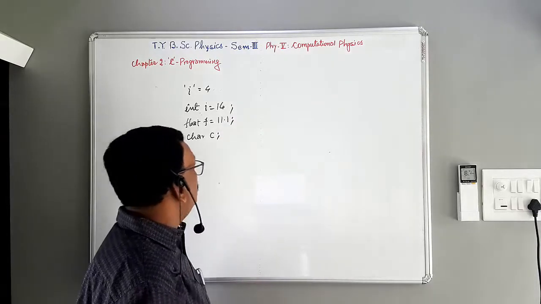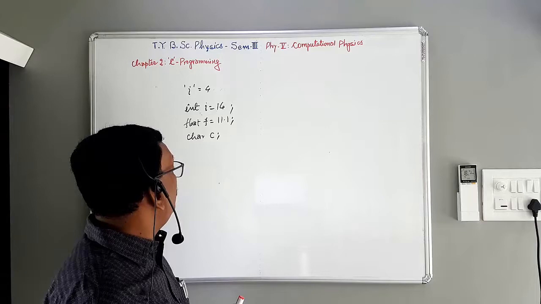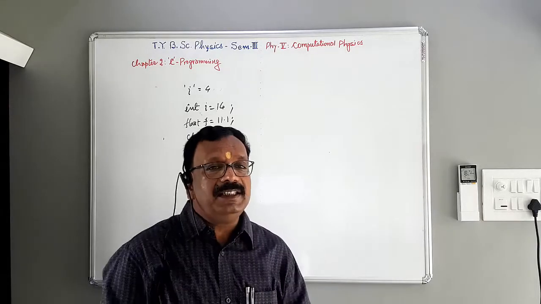In program we are going to use three variables: integer variable, float variable and character variable, that is single character variable.